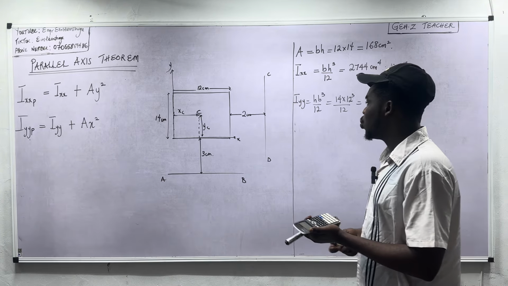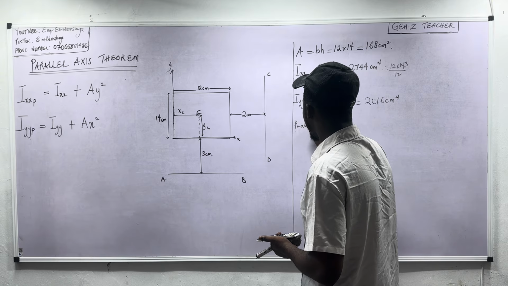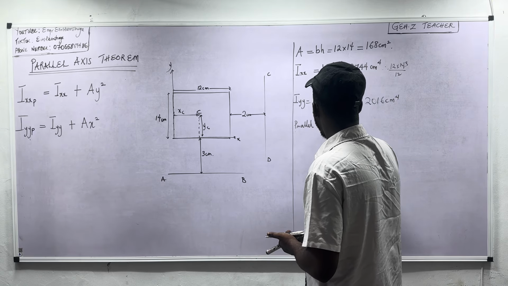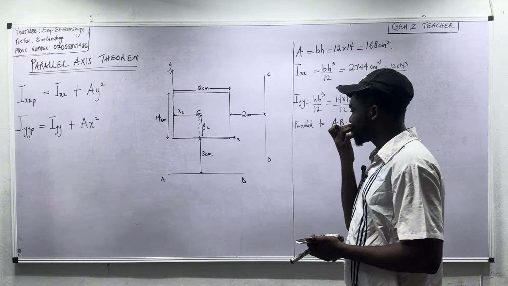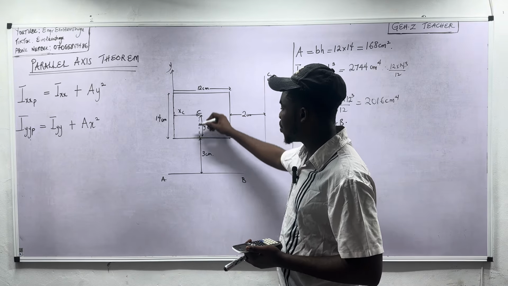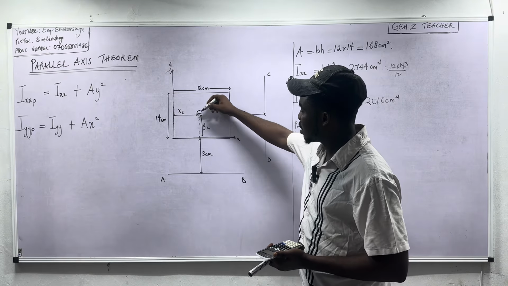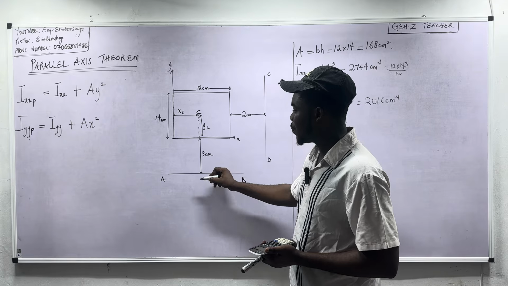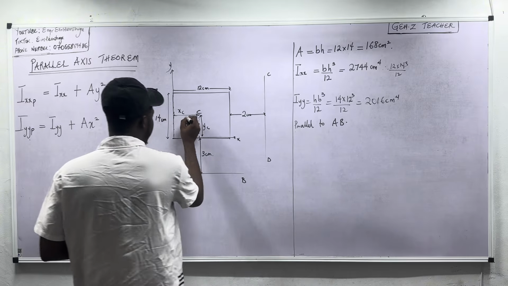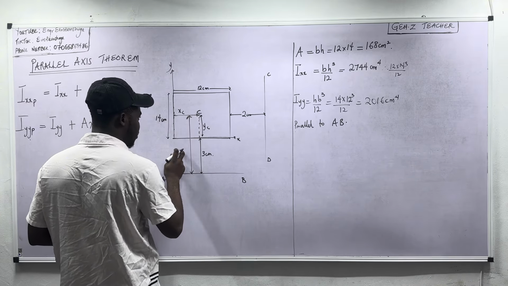Now, if we're dealing with the one parallel to AB, what is the distance from the centroid of this shape to AB? You agree it's going to be from here down to this part, right?